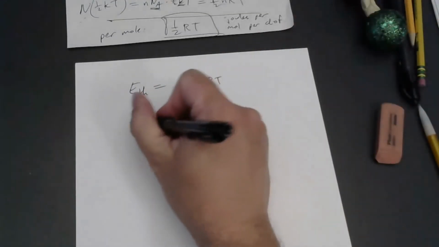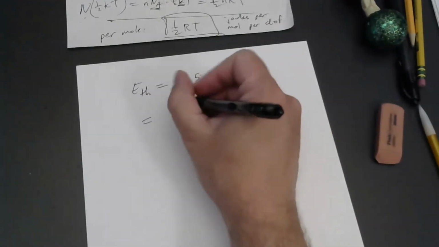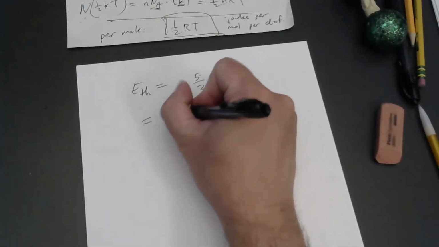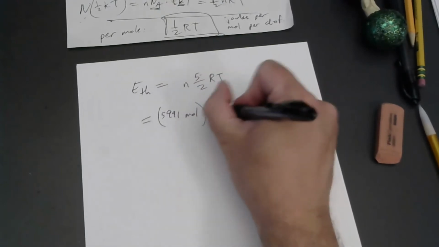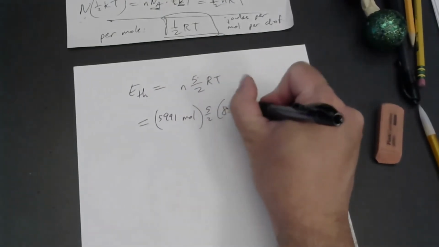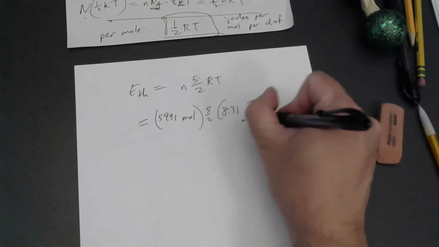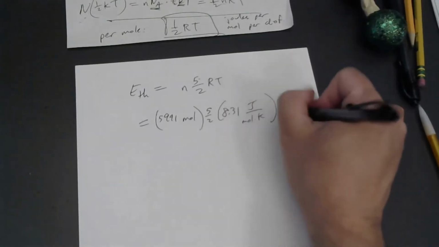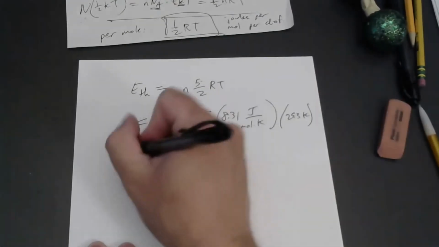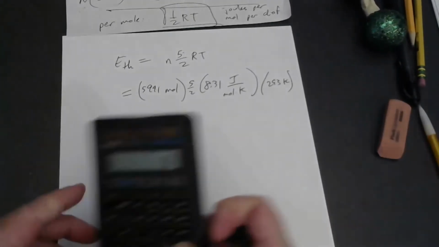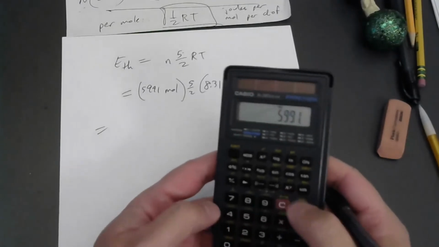Let's calculate how much energy we're talking about here. We've already determined 5991 moles, 8.31 joules for every mole for every Kelvin, and then 20 degrees Celsius is 293 kelvins, and this will come out in SI units.